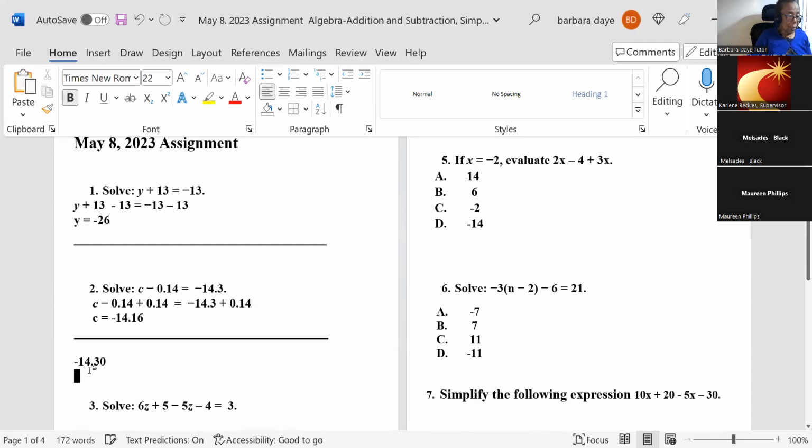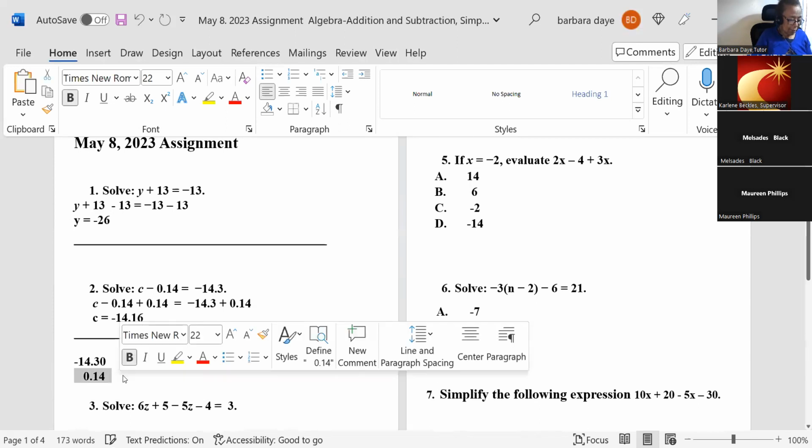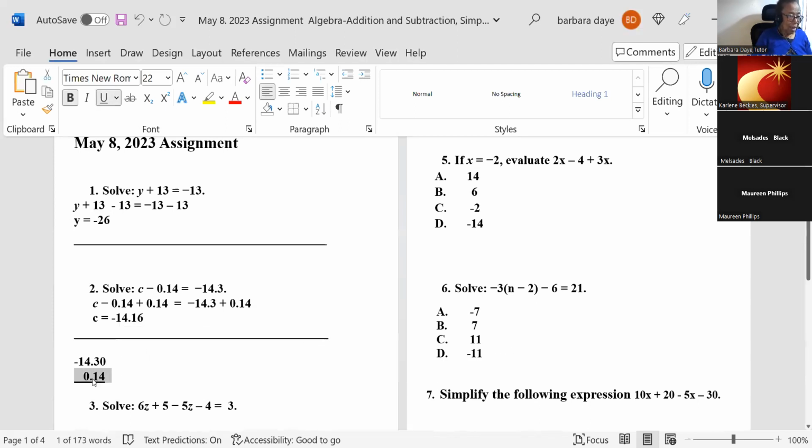Now let's put 0.14, and let's draw a line under these, and let's subtract it. Now we know this will be a negative because my bigger absolute value number is negative 14.30, or I have more negative than positive.